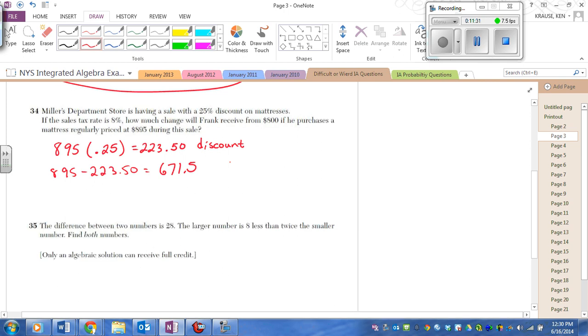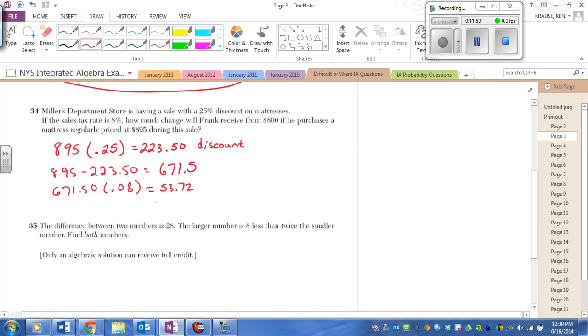Now we're going to pay a tax. So we're going to take $671.50 and multiply by 0.08 because that's a tax. We get $53.72. Add that on to the $671.50.